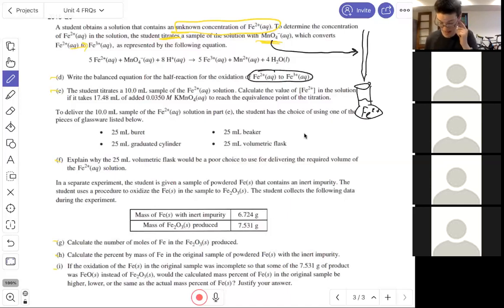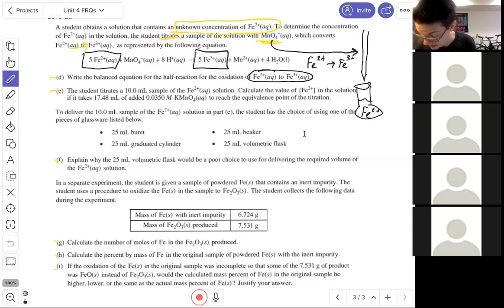We didn't spend a whole lot of time on this, but essentially they're asking you to piece out this part and this part in its own separate equation, which is very easy, because I'm literally going from Fe2+ to Fe3+.